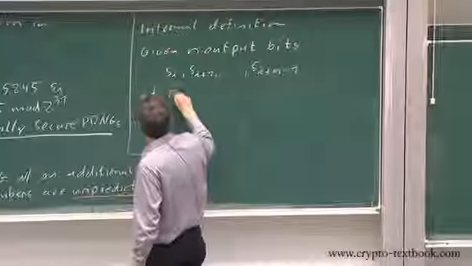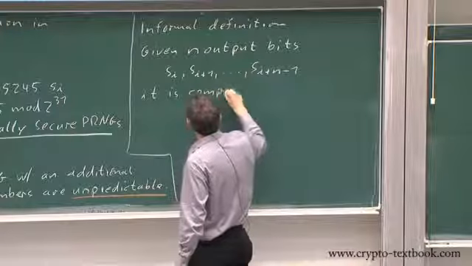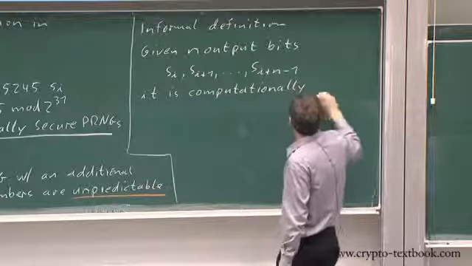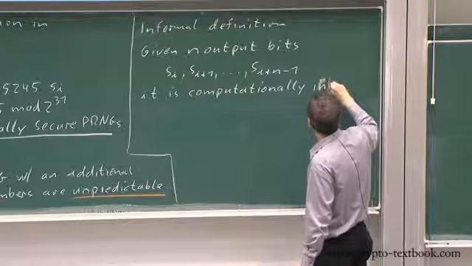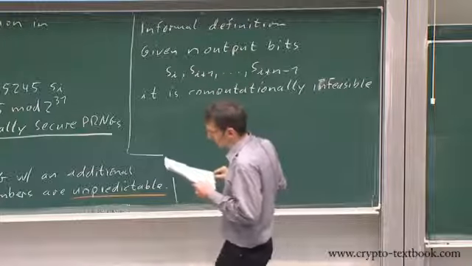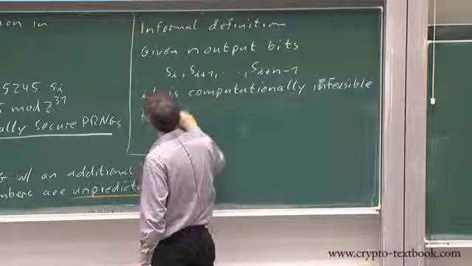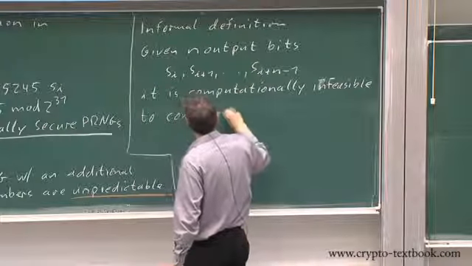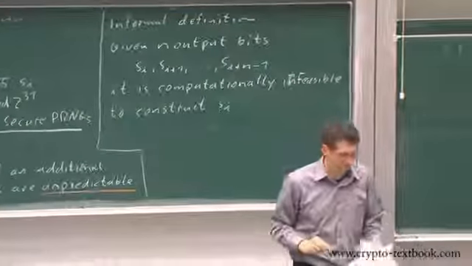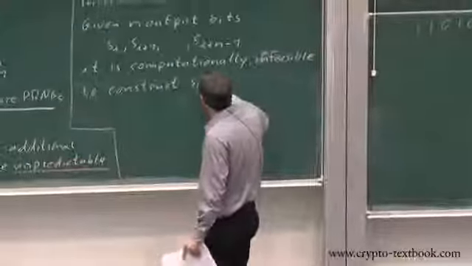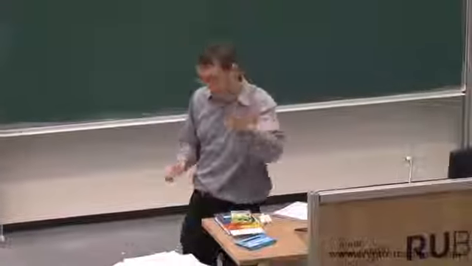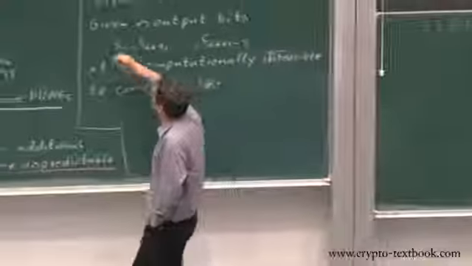Then it is computationally infeasible to construct s_i, no, s_n. You can copy that and then I'll discuss it a little bit with you.